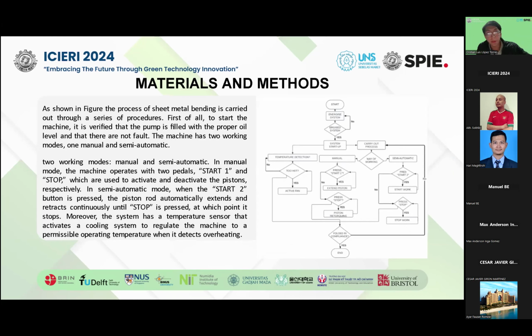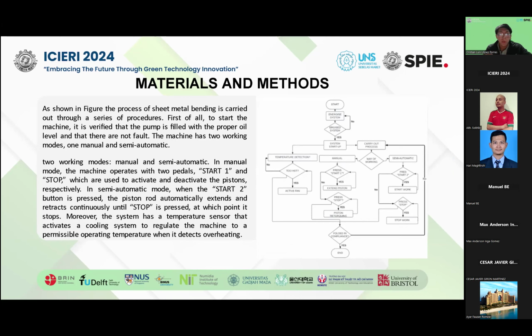For the part on materials and methods, our folding machine operates in two modes, manual and semi-automatic. In manual mode, the operator uses two pedals. By pressing the start 1 pedal, the piston is activated, and pressing the stop pedal deactivates it.